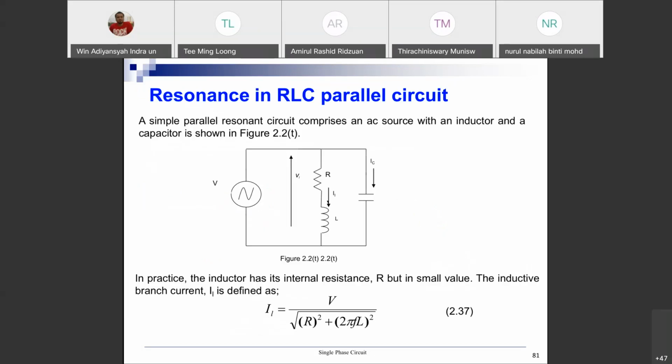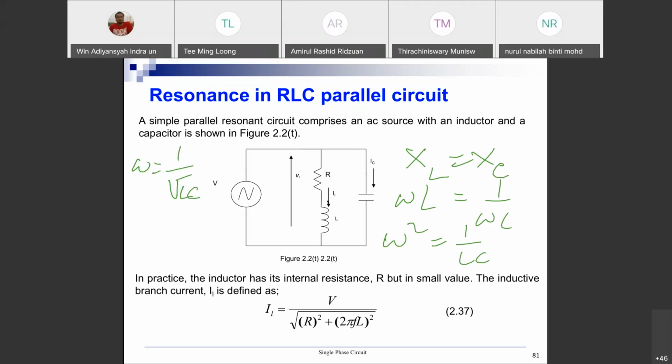Okay, this is in parallel. Just now is in series. Just now in series, where XL equal to XC, right? So omega L equal to 1 over omega C. So omega equal to 1 over root LC.